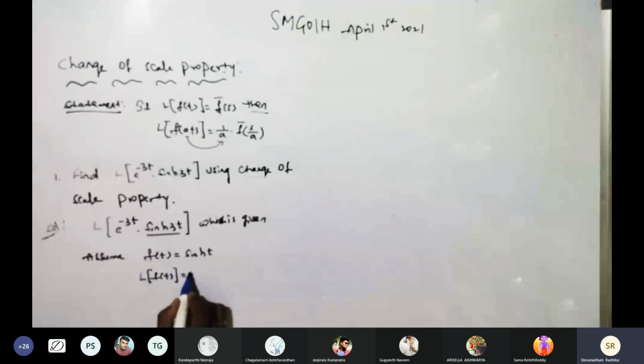L of f of t equals L of sin ht. What is L of sin ht? Direct formula: L of sin ht equals 1 by s square minus 1 square. So L of f of t equals F bar of s. Say this is equation number 1 completed.